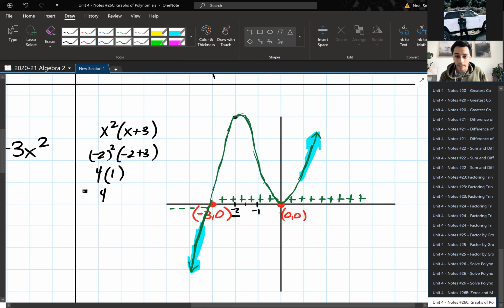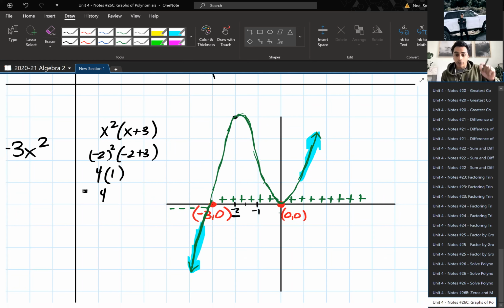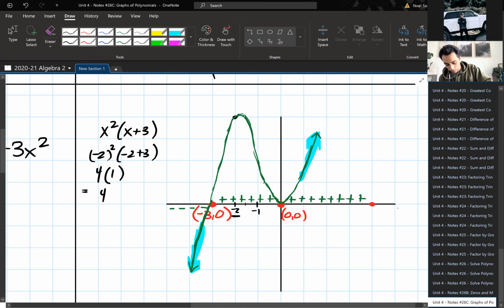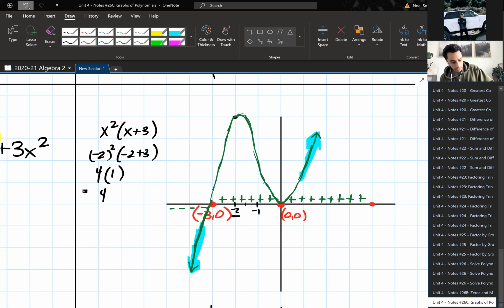How do we know it doesn't go down again? Because there are no other x-intercepts. There is no other x-intercept over here that the curve has to go touch. Okay, so that's how we know.